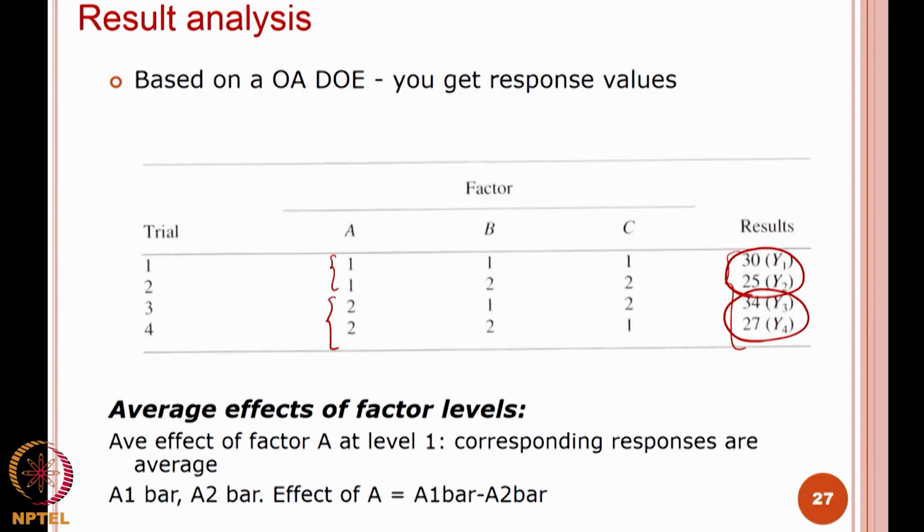So, what you need to do is this, we will call this A1 bar and A2 bar, and then if you take the difference between them, it will be the effect of A. Similarly, if you want to do for B, what will you do? You will take the responses corresponding to this and this, you will take an average, you will take these two responses, you will take an average and subtract it.